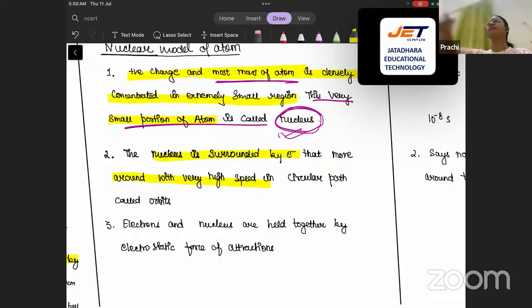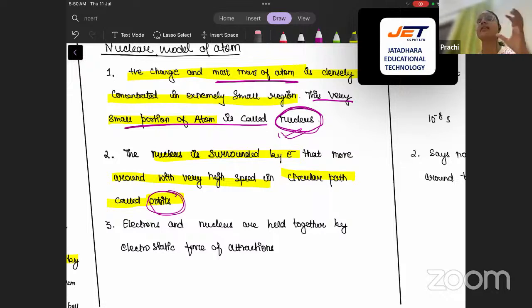It's like buzzing, how you see flies, right? So he said they are moving with very high speed in circular paths called orbits. So yes, he gave the word nucleus, and he gave the word orbit.